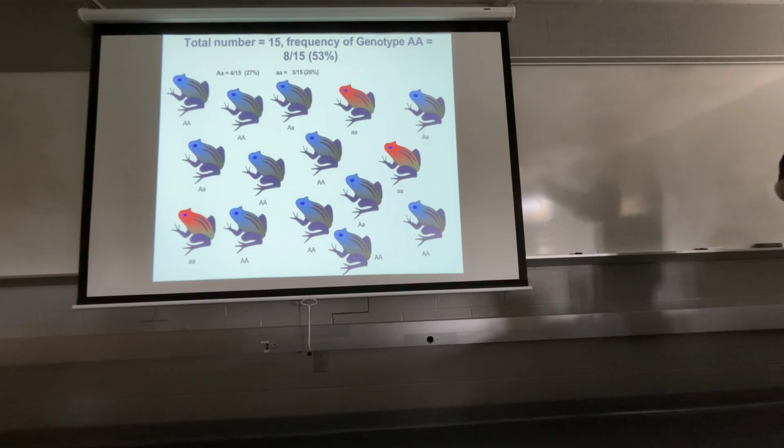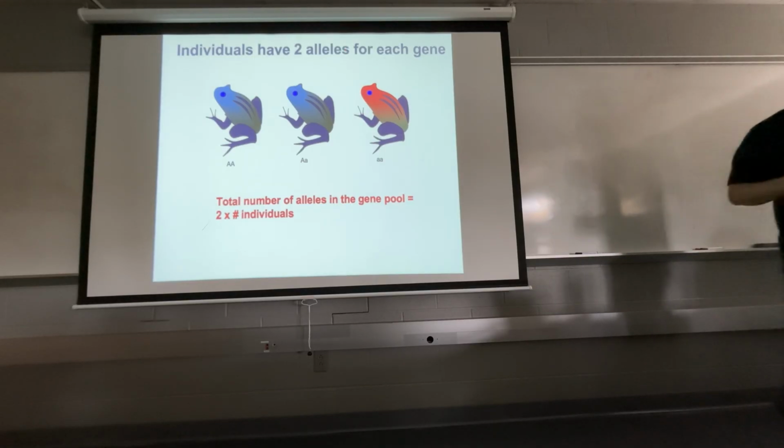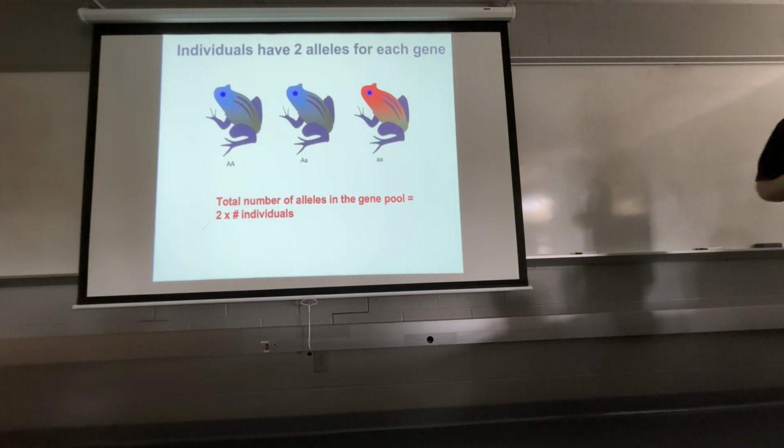I would count all the big A's, count all the little a's, right? So with alleles, remember there are 2 alleles for each gene locus, and we only care about one gene locus at a time. So for our examples, to figure out allele frequency and get the total number of alleles, we've got to multiply the number of individuals in our population that we sampled times 2, right?